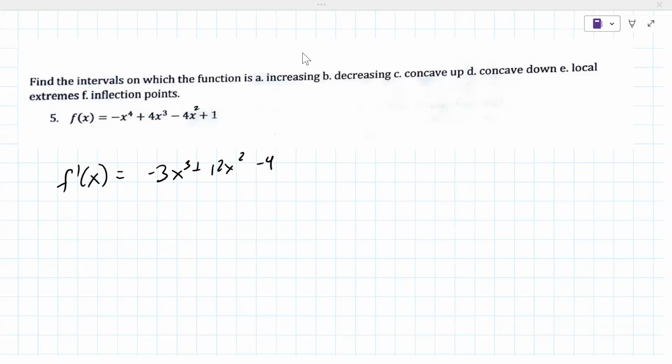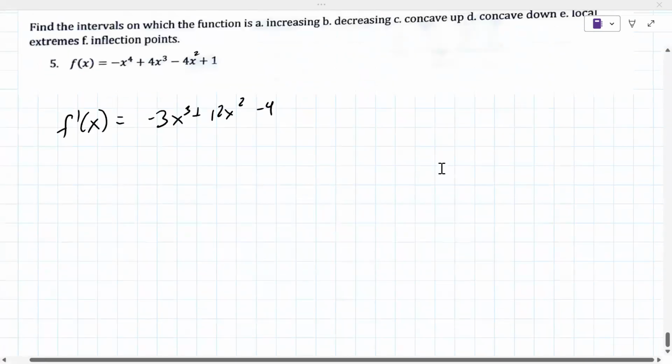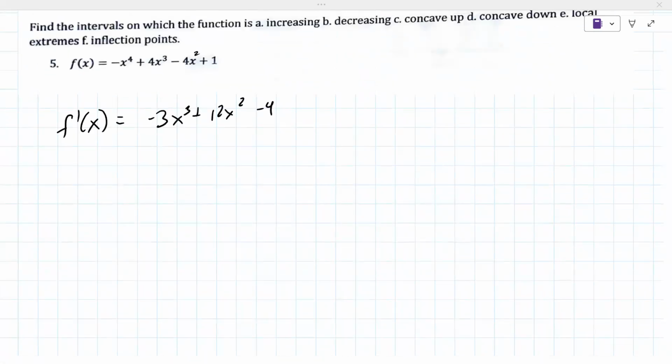Yeah, so are you allowed to use, are you supposed to use your calculator for these? Yes. Oh, you are? Yeah. Okay. Well, let's keep going here.